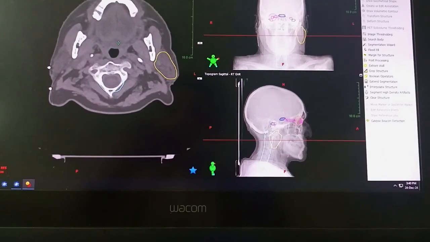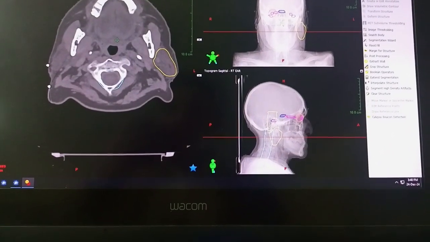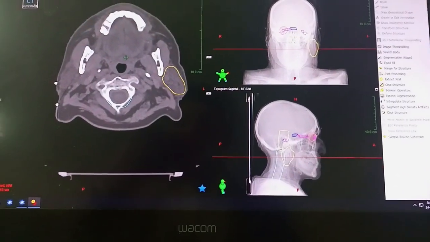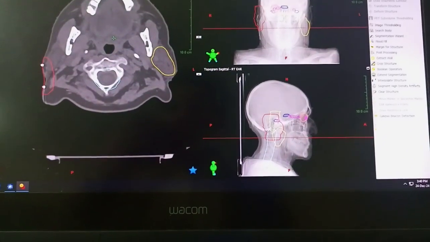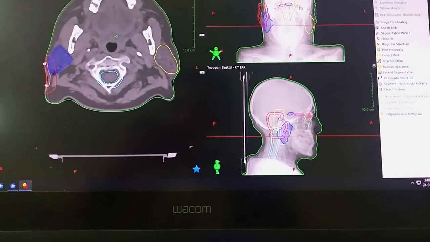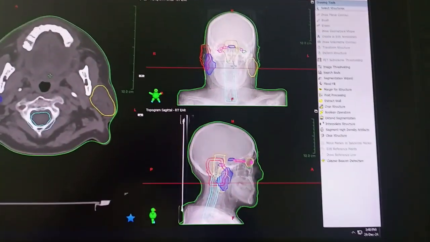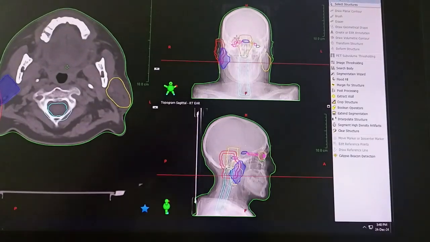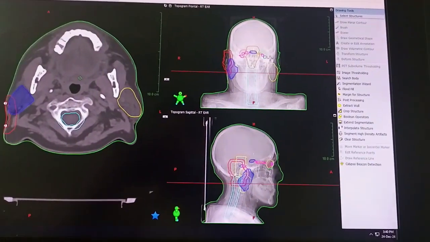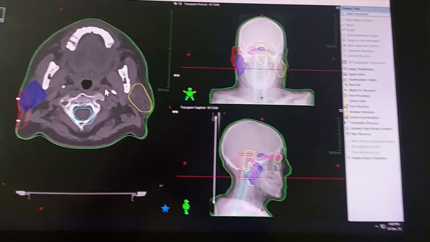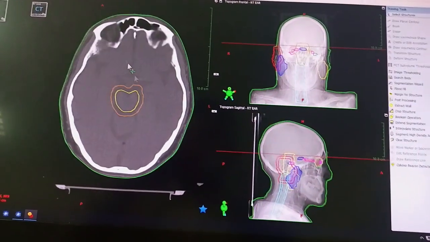So these were the organs at risk: the brainstem, parotids, the lenses, and all of them. First we marked the brainstem, spinal cord, parotids, eyes, lenses, cochleas, optic nerve, and optic chiasm.